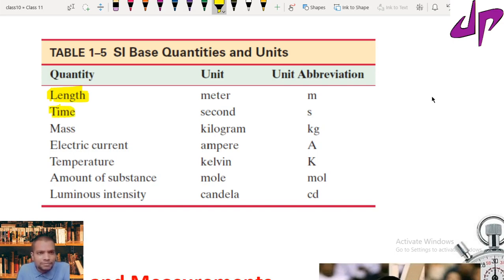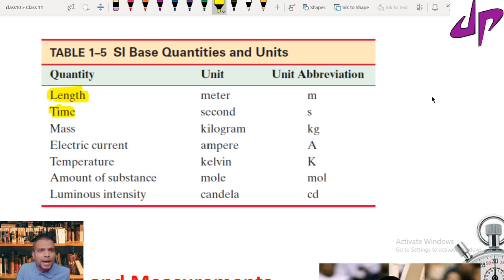The next one is time. These have standard definitions. If anybody asks you to define time, being science students we should have the knowledge to define it. Or define length. If asked, that question seems crazy. Oh, what is length? Till now we do not ask ourselves this question. Length means what? There is a certain definition, and we will go through that definition.